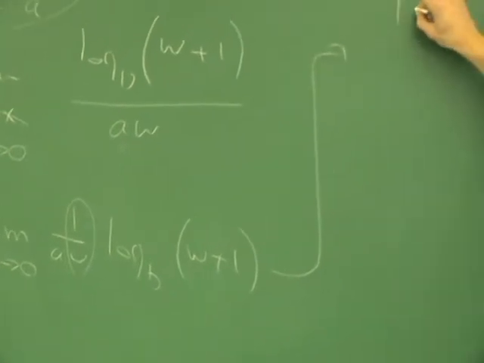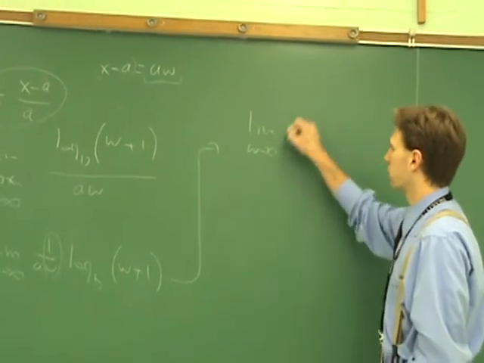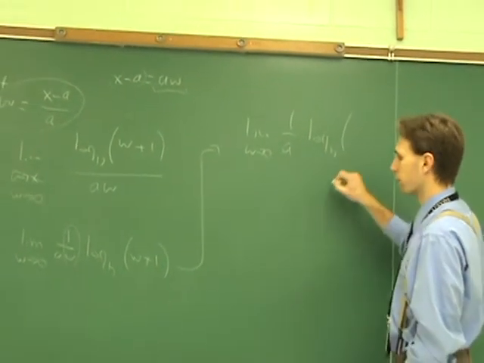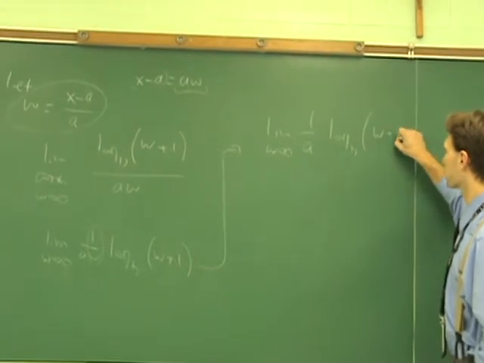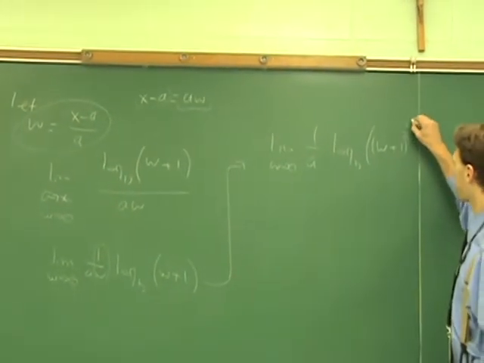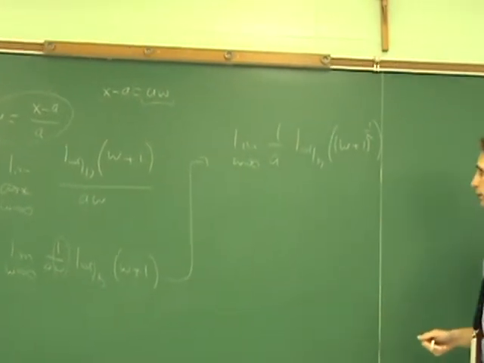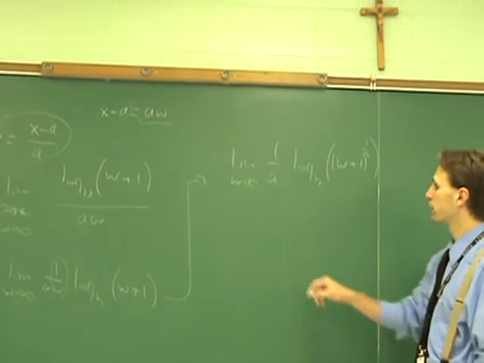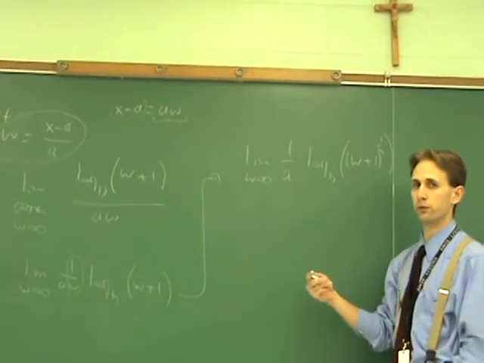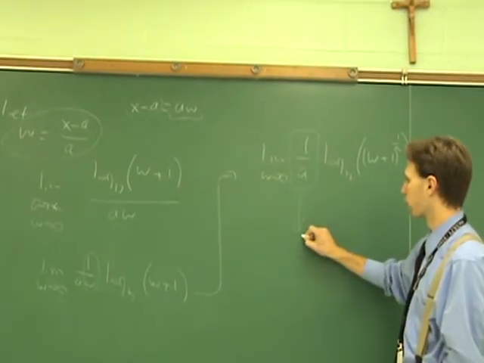What that's going to give me is the limit as w goes to 0 of 1 over a times log base b of w plus 1 to the power of 1 over w. Now we're ready to evaluate this limit. Because as w approaches 0, we said that it was necessarily true that a approached x. So this is going to go to 1 over x.